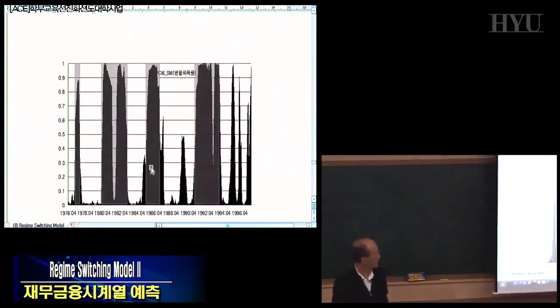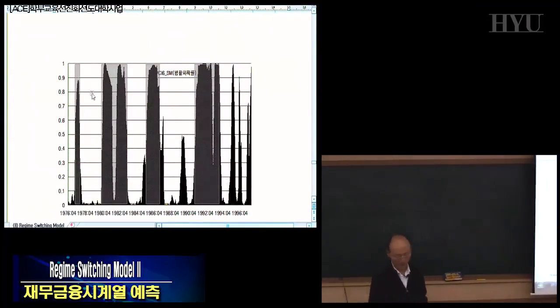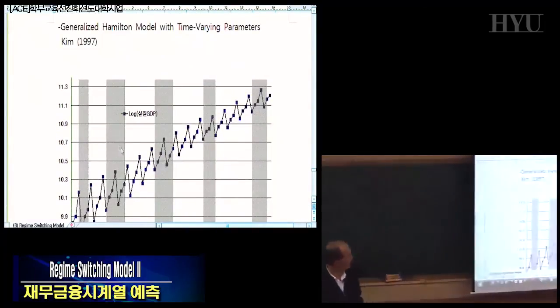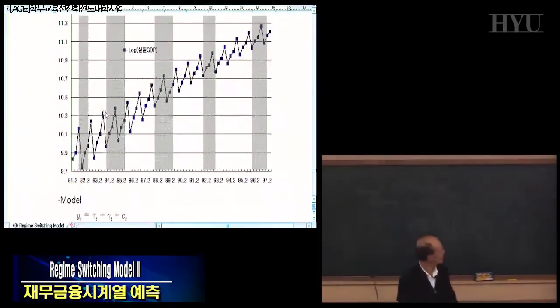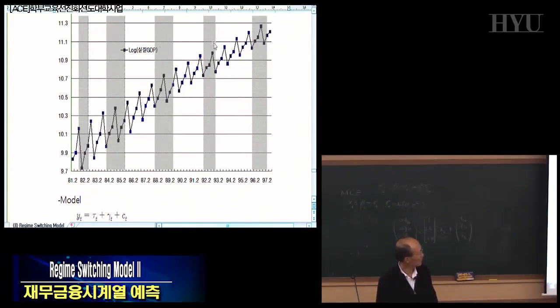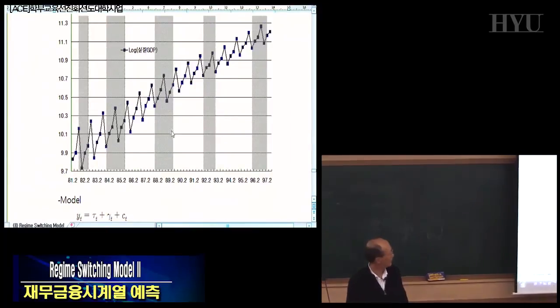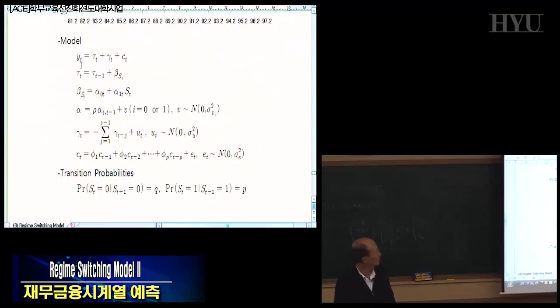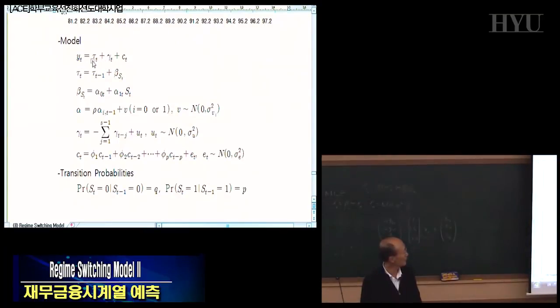And the last comment. Before I make the last comment, let me show you this slide. You can do a similar exercise. This is real GDP, seasonally not adjusted, decomposed into seasonality, stochastic trend, and cycle.